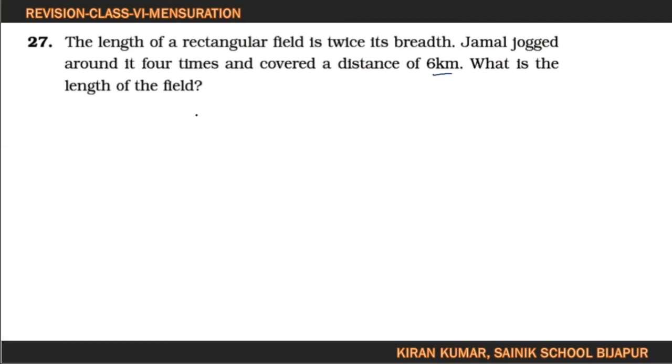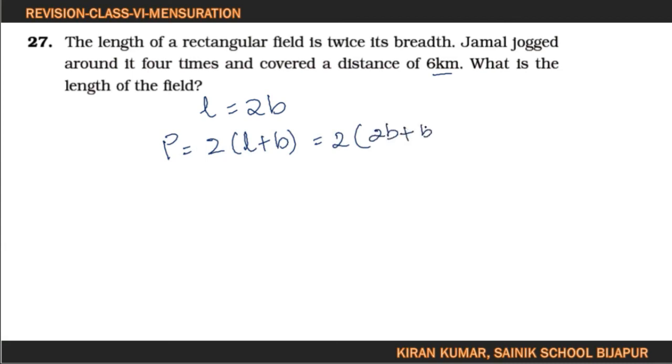If I consider the length to be L and the breadth to be B, length is equal to 2 times breadth. And the perimeter is given by 2 times (length plus breadth). So it is 2 times (2B plus B). We get it as 6 times B.